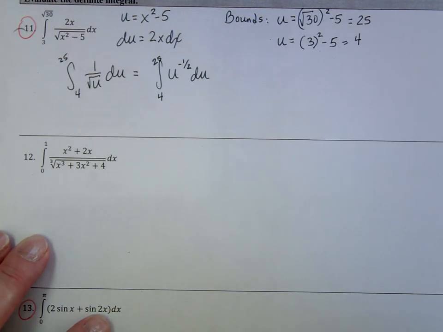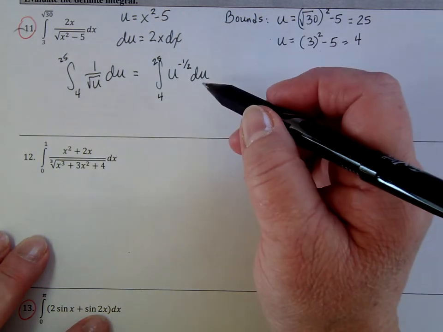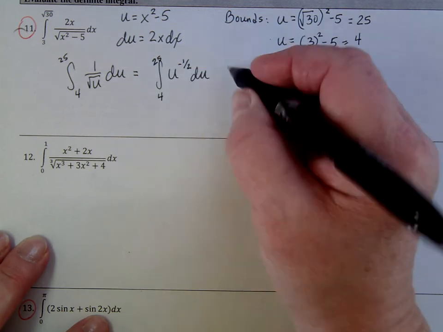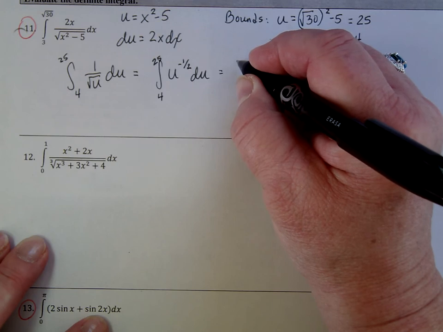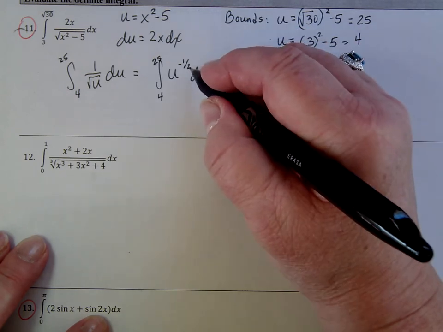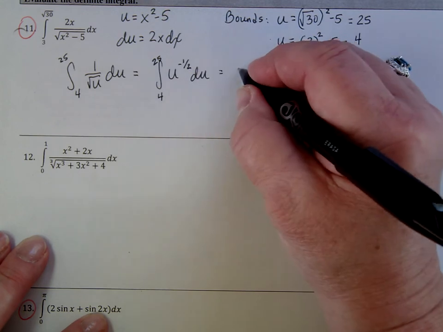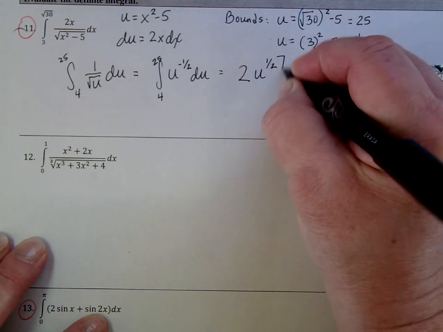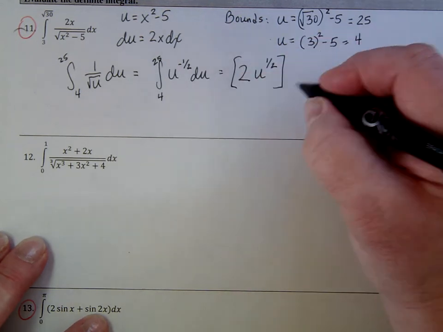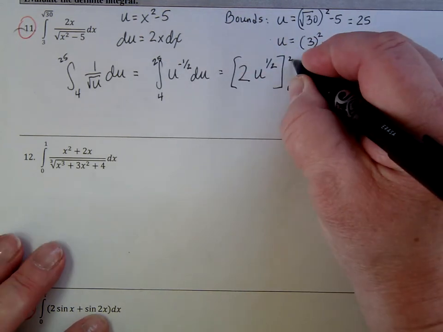So in looking at this, if I add a power on to take the integral, adding a power on is going to be to the positive 1/2 power, but then it's divided by 1/2, so it's really going to equal 2 u to the 1/2 power, and that's what I'm going to evaluate going from 4 to 25.